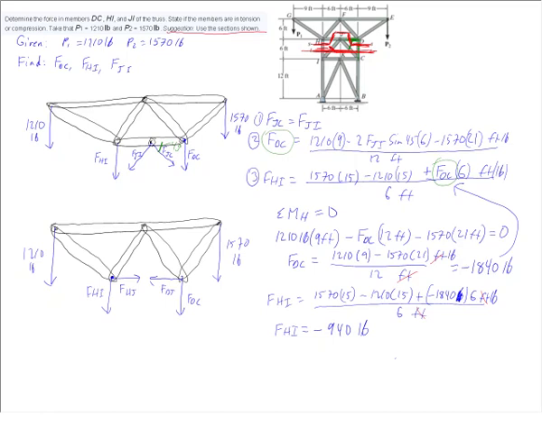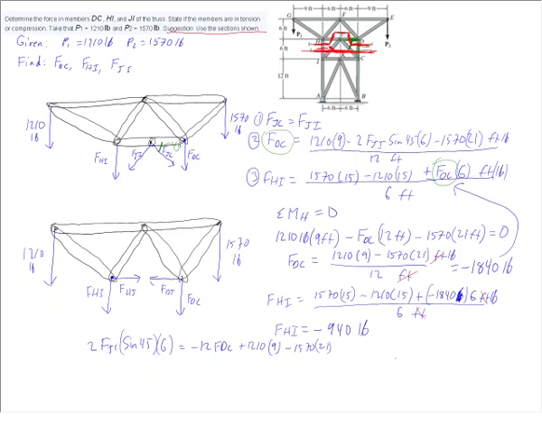Now I have to figure out my FJI. So I'm going to go up to equation number 2 on the top, and I'm going to resolve that equation for FJI. So 2 times FJI sine of 45 times 6, I brought that over to the left-hand side, so now it's positive, will be equal to negative 12 times FDC plus 1210 times 9 minus 1570 times 21.